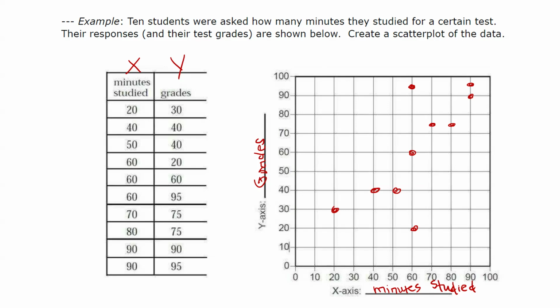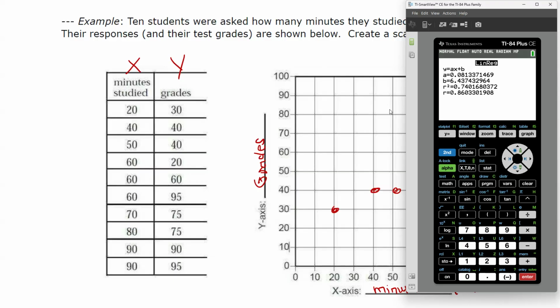Okay, so we're going to now find our correlation coefficient, and we're going to utilize the calculator to help us. So let's go to our table, and we are going to enter in all of our data.